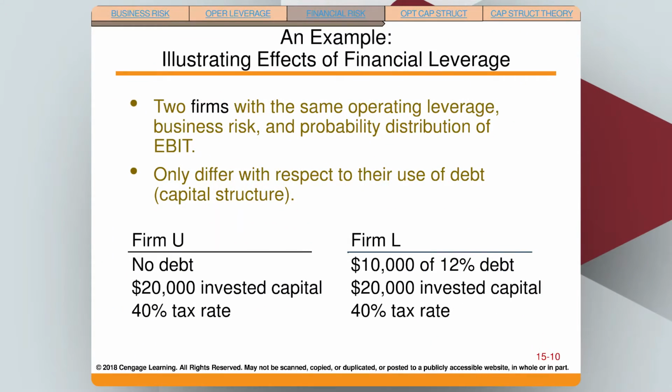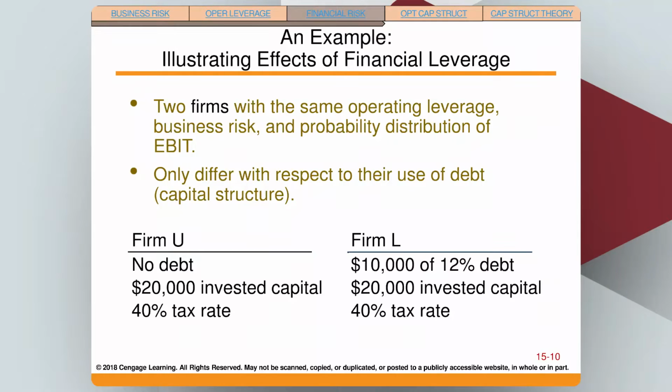So, an example illustrating the effect on the financial leverage. Halimbawa, you have two firms with the same operating leverage, business risk, and probability distributions of EBIT, and only differ with respect to their use of debt. Tingnan mo ha, you have firm U and firm L. Si firm U, no debt, pero meron siyang 20,000 invested capital and 40% tax rate.